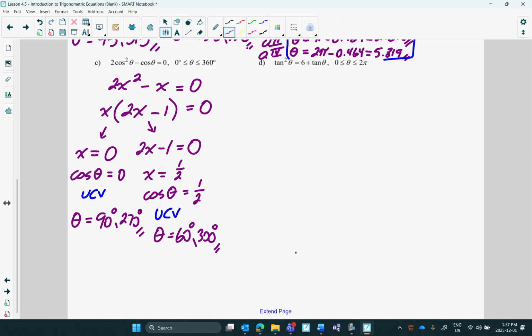I see the square. I'm going to replace it with x, and then replace it back once I solve it. So I can actually do the trig portion. What do I got to do with this one?